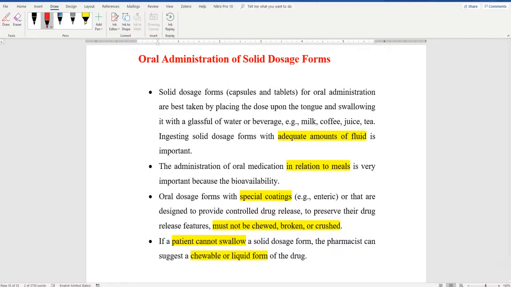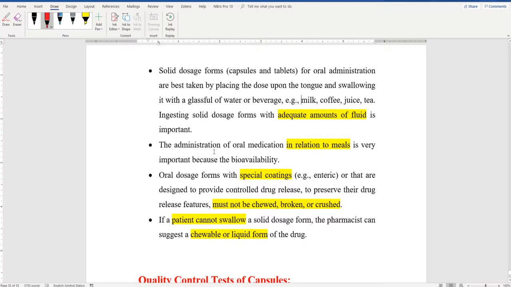First, you should tell the patient that the capsule is to be swallowed with an adequate amount of fluid, usually water, but in some cases you can tell them to take it with milk, juice, etc. Number two, you should advise the patient to take the medication either on an empty stomach or with food.